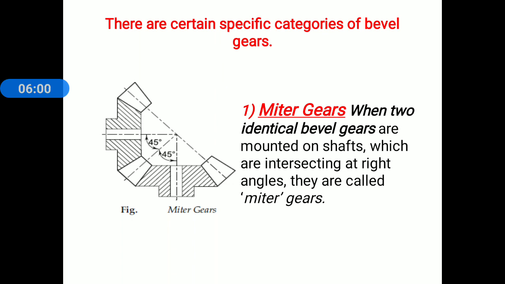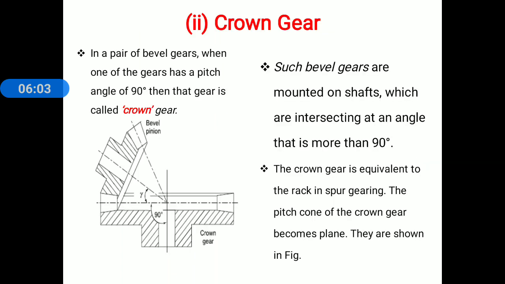Now the second type, crown gear. Everyone again observe this sketch carefully. The bottom gear is a crown gear, and on that gear a bevel pinion is mounted. The bevel pinion is engaged with the crown gear. In a pair of bevel gears, when one of the gears has a pitch angle of 90 degrees, then that gear is called crown gear.